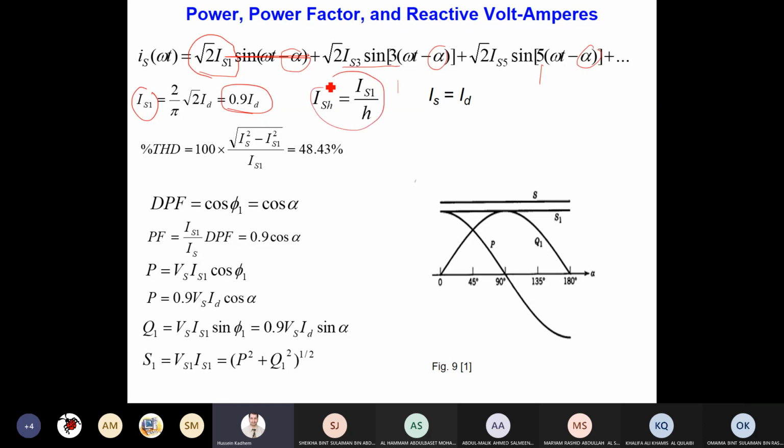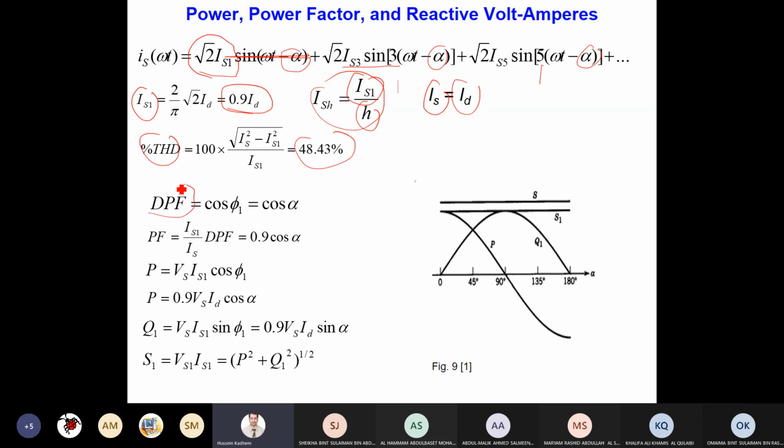The same formula is used for individual harmonics: the fundamental over the harmonic value, and IS is similar to ID. We assume the same input and output, the circuit is lossless with no losses in the thyristor, and the total harmonic distortion is also similar to the diode circuit, which is 48.43.